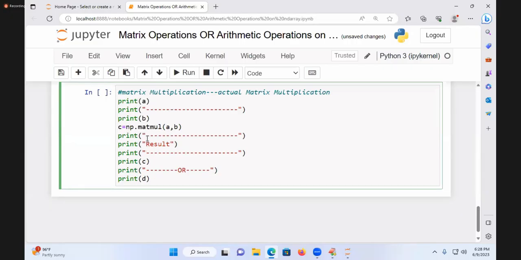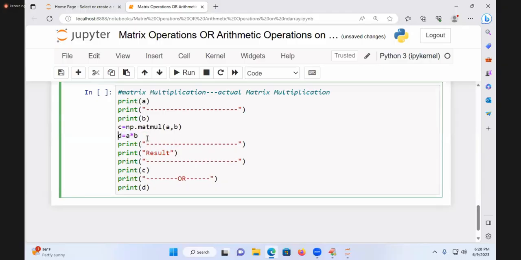You can also write D is equal to np dot, dot of A comma B. Both of them give you the same result.